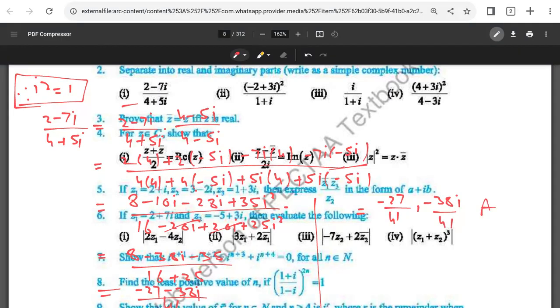So this is the answer of the first part of question 2.